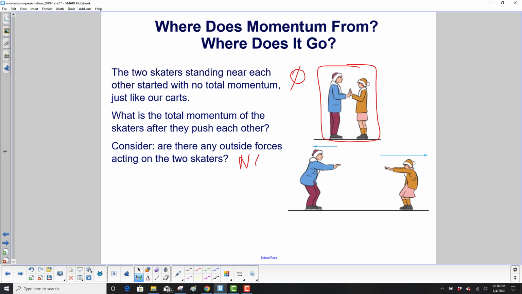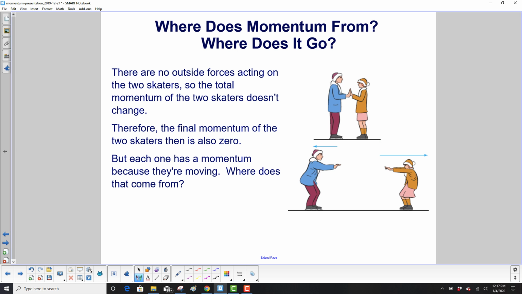Well, no. And if this works, just like our experiment did, the total momentum after they push each other is also zero. There are no outside forces acting on the two skaters, so the total momentum of the two skaters doesn't change. And hopefully you found that out in the lab you did with the carts. Started with zero, ended with zero. So the final momentum of the two skaters is zero.